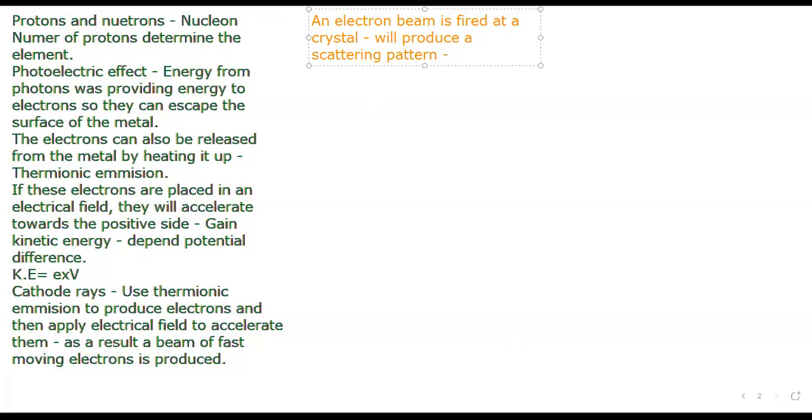And that scattering pattern will allow us to figure out the structure of the crystal. The scattering pattern we are getting will tell us about the structure of the crystal, right?